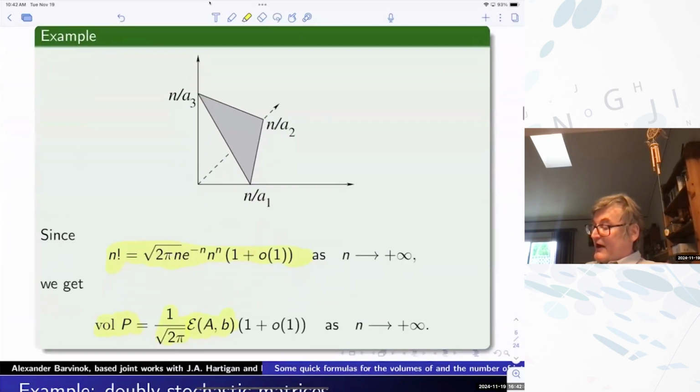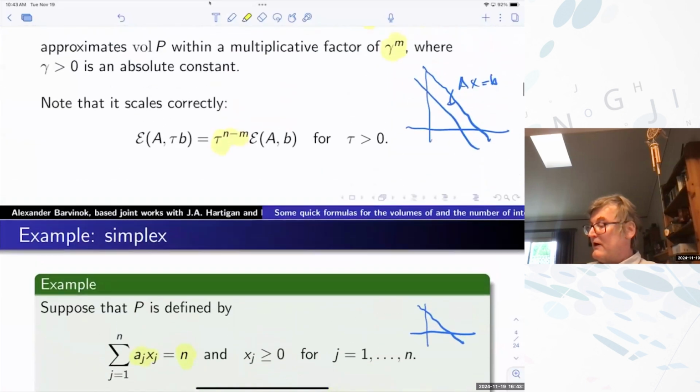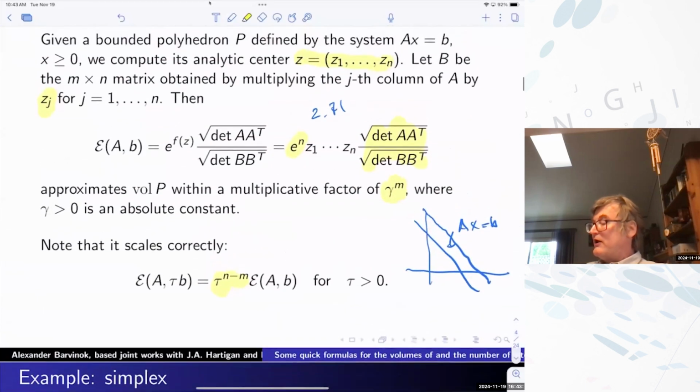Basically, the way we compare the two approximations is through Stirling's formula, and the approximation that I'm talking about captures the true value up to that square root of 2 pi, which is not accidental. So that's one example that shows that the formula is not complete nonsense. So, are there any objections?